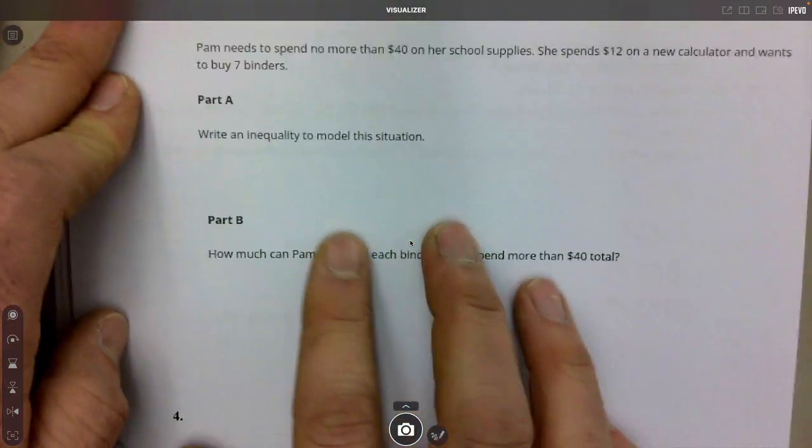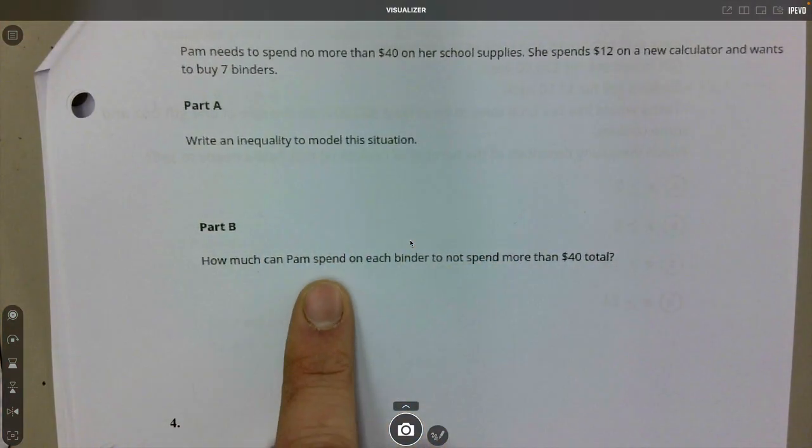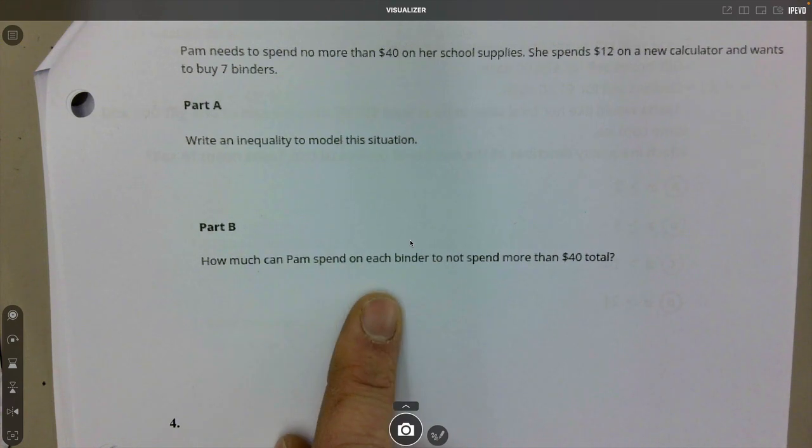Number 3 is a word problem. You have 2 minutes. Make an inequality and then solve the inequality. You do not need to graph.